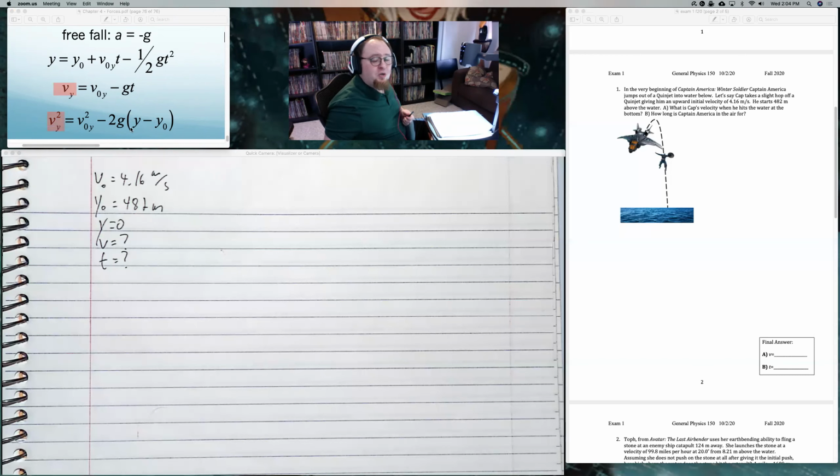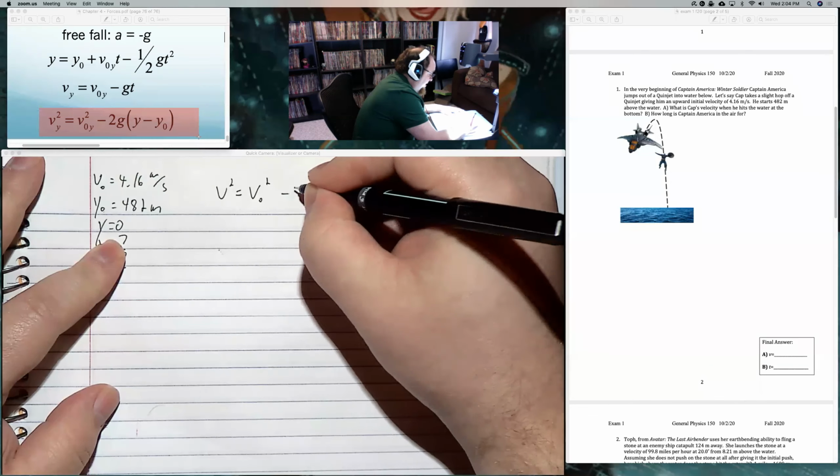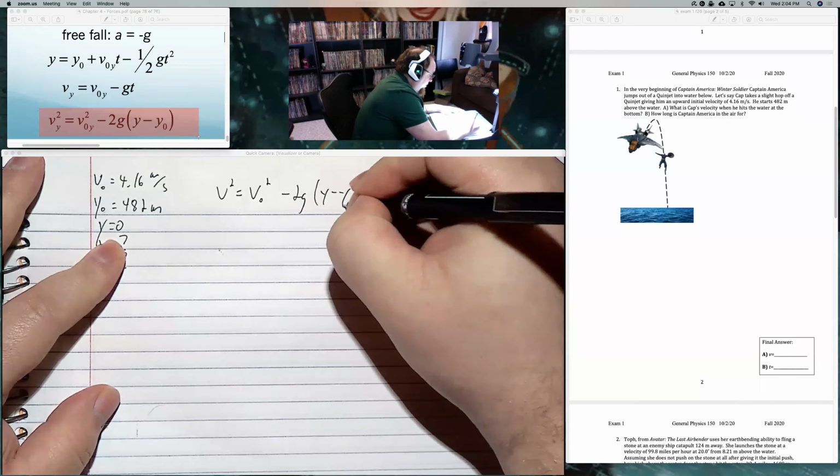Initially, I don't know time. I'm solving for time later on, but I don't know it yet. That means I have to use the equation without time in it, so this has to be my equation: V squared equals V naught squared minus 2g times y minus y naught.